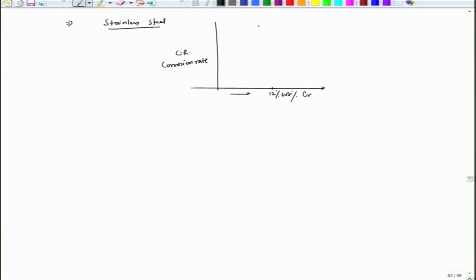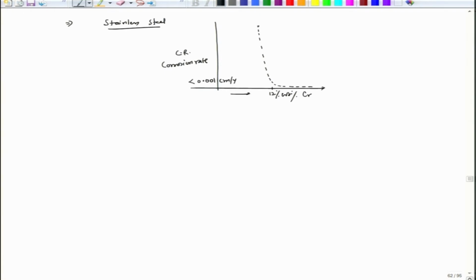In case of stainless steel, if we try to plot the corrosion rate, CR is nothing but the corrosion rate, with reference to the weight percent chromium, till it reaches around 12 weight percent, the corrosion rate is pretty high, and as the concentration of chromium increases gradually, the corrosion rate drops and goes to a very low value, which can be even less than 0.001 centimeter per year.